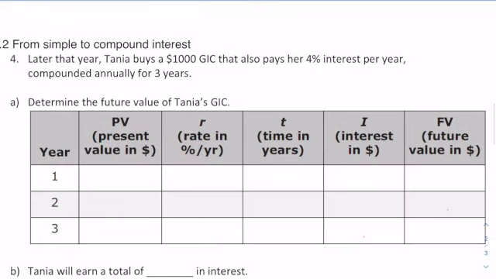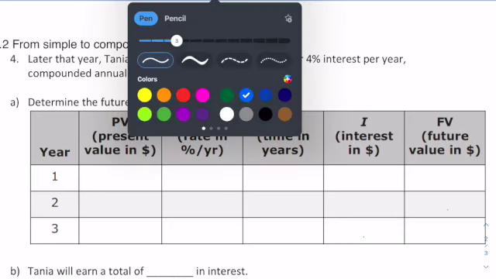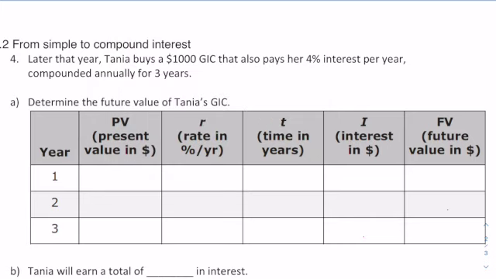So now we're going to go back to Tanya and say that later that year she buys a $1,000 GIC that also pays her 4% interest per year, compounded annually for 3 years. We're going to determine the future value of her GIC. So we start with $1,000, and the rate is 4% for 1 year.